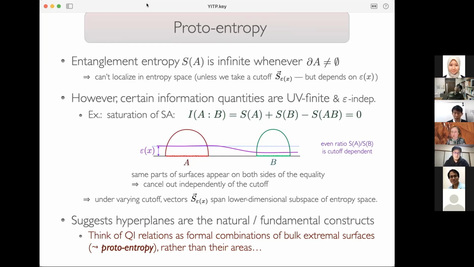then reduces to combinatorics. We no longer care that if we wiggle the surface around a little bit, its area changes, because we don't care that that area numerically changes for some cutoff, but rather that that surface was utilized by maybe S of A, maybe also S of AB, but maybe not S of ABC.